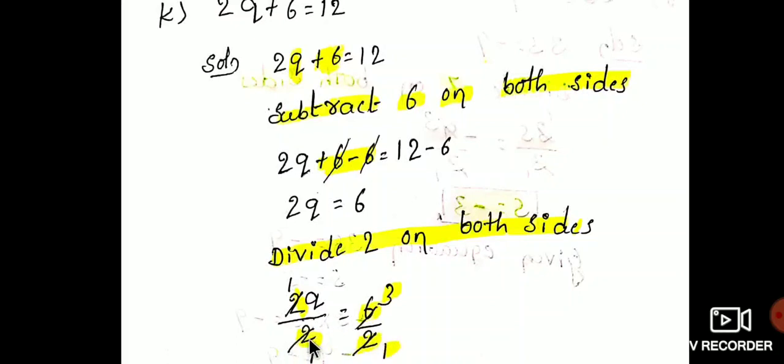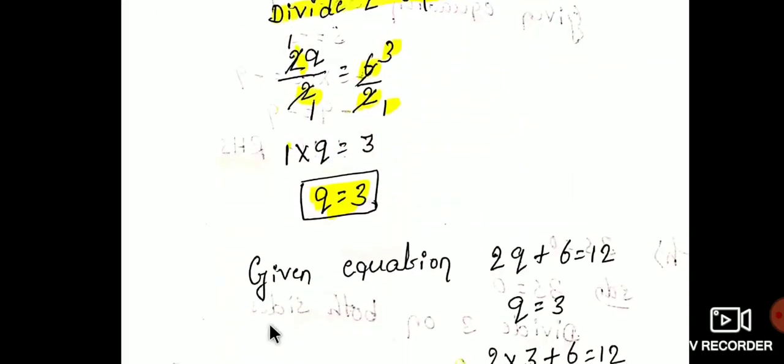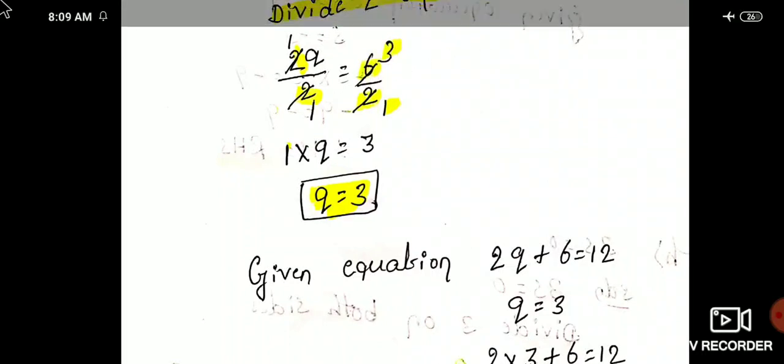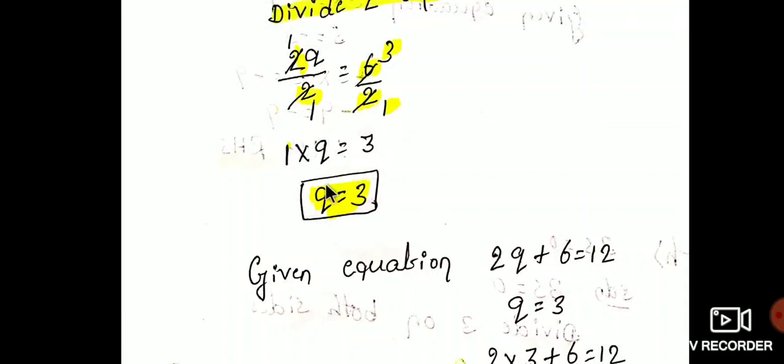We divided, then this 2 gets cancelled. 2 ones are 2, 2 threes are 6. Here it will be 1 into q is equal to 3. 1 into q means q is equal to 3.